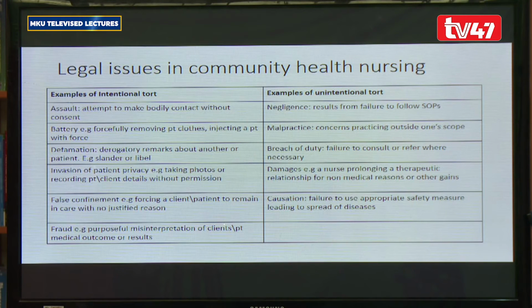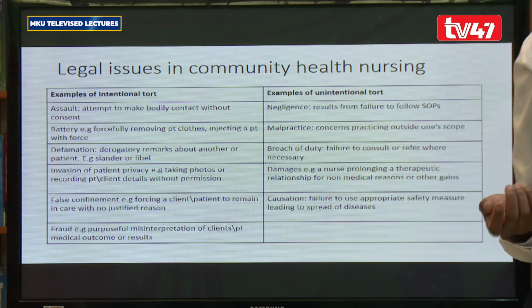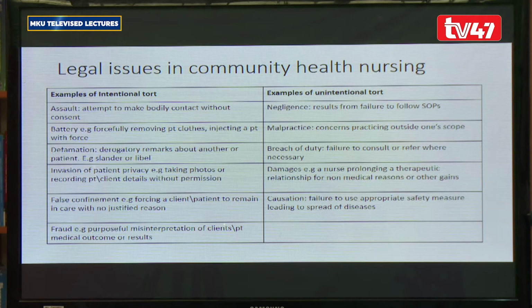An example will be, you want to do a procedure or an examination, but instead of telling the patient what you're supposed to do, you go straight and remove their clothes. So to ensure that you're not accused of battery, as we said, informed consent is very important, and we will learn more about it.